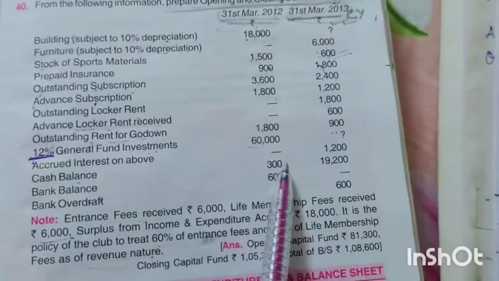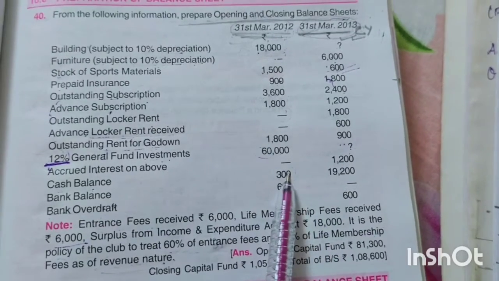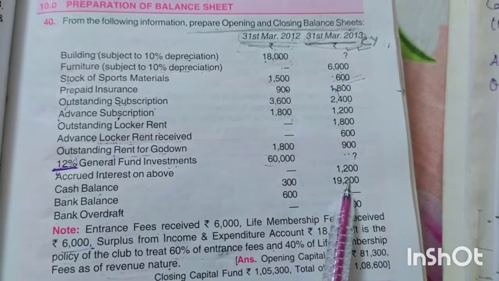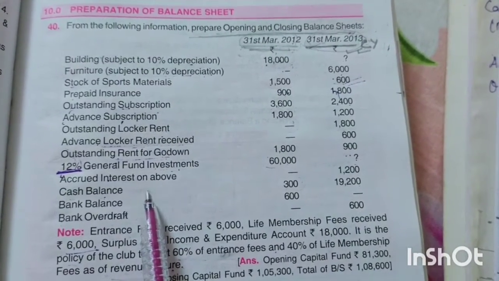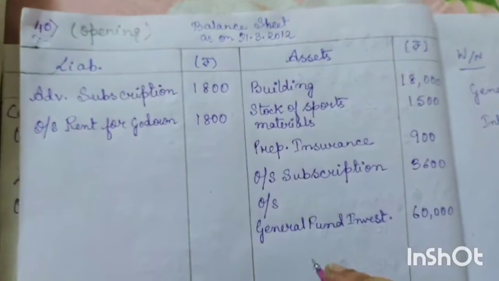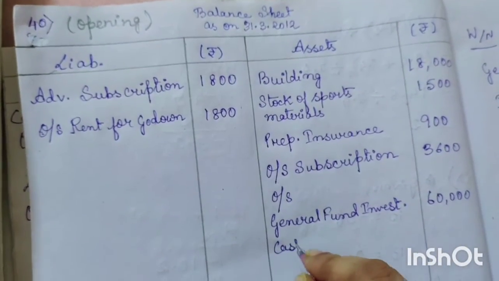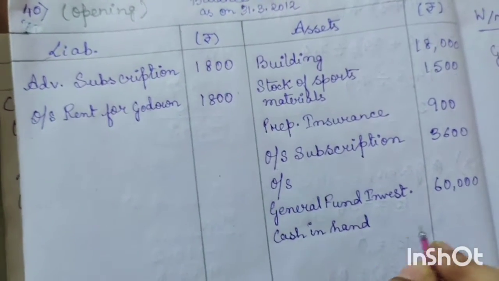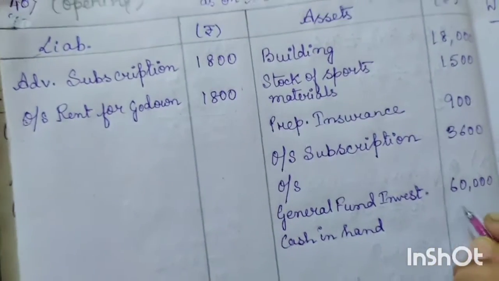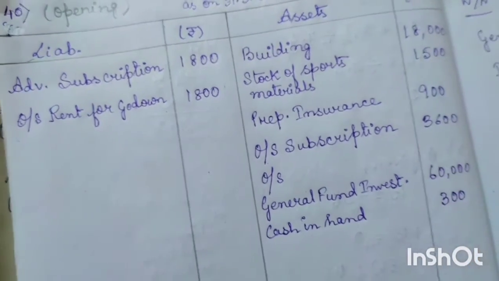Okay, next item, cash balance. See, cash balance in the beginning of the year we had 300 and at the end 19,200. So cash balance is an asset, so we will write here in the opening balance sheet cash. For cash balance we will write cash in hand. Okay, cash in hand in the beginning of the year we had 300.